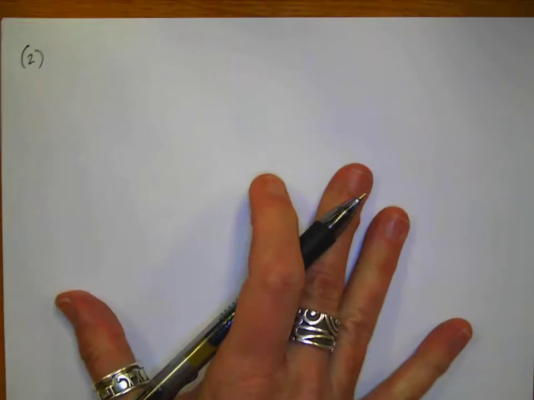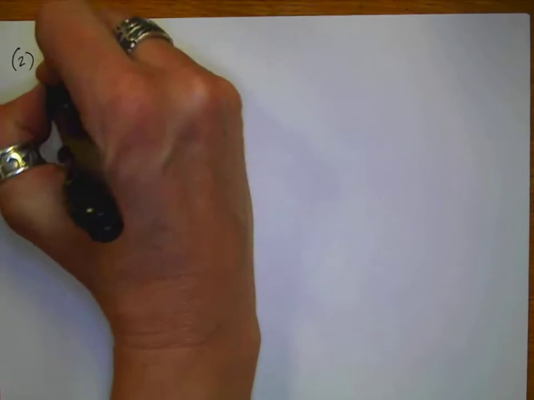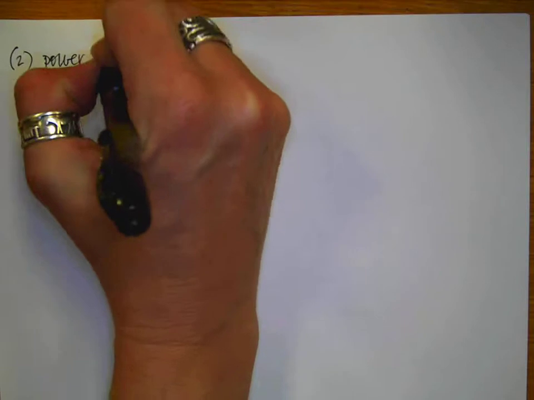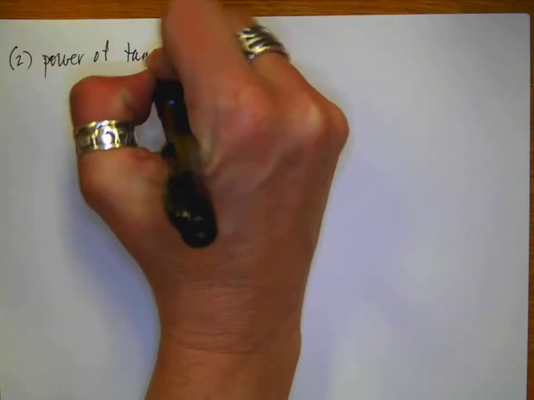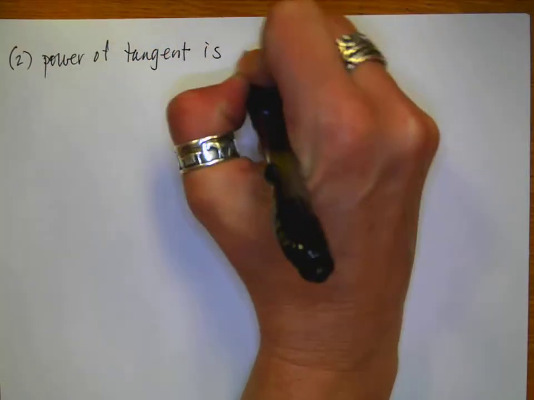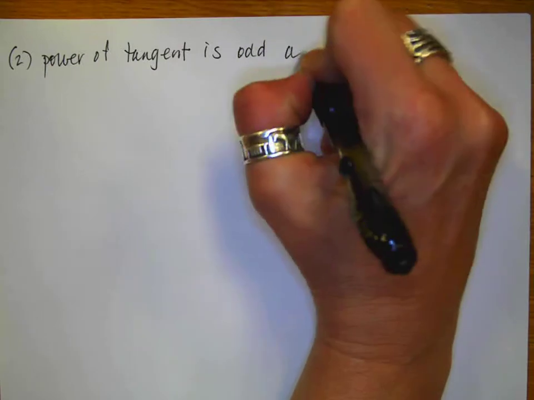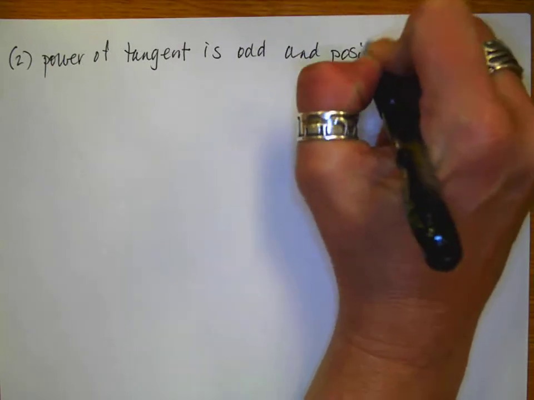Alrighty, so let's do our second guideline. See if you can see it yet. Oop, there it is. This one says that the power of tangent is odd and positive.